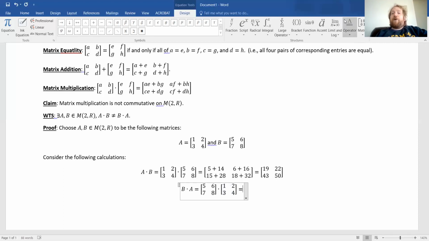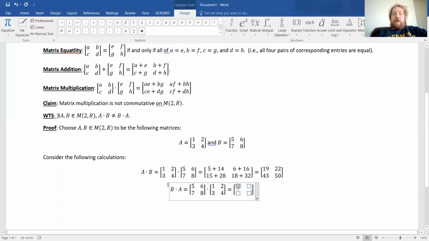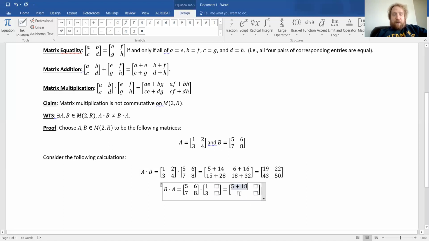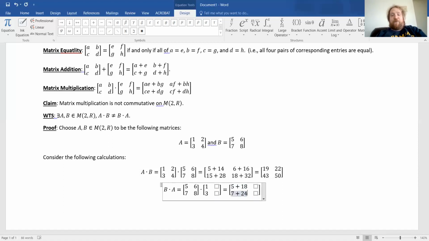And the answer is going to be a 2 by 2 matrix. Now, let's figure out the first column first. So if I do 5, 6, 7, 8 times the vector 1, 3, I get 5 times 1 is 5, plus 6 times 3 is 18. I get 7 times 1 is 7, plus 8 times 3 is 24.